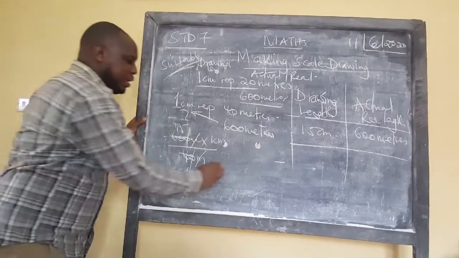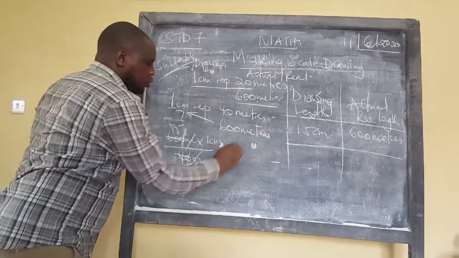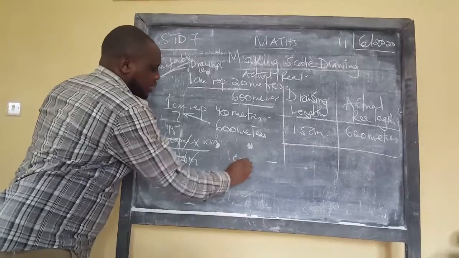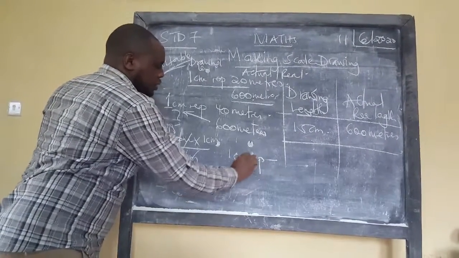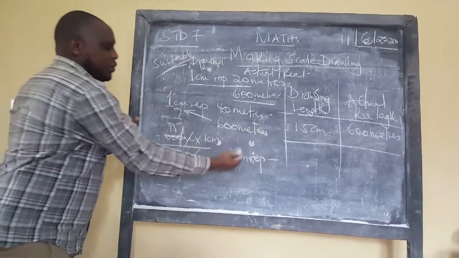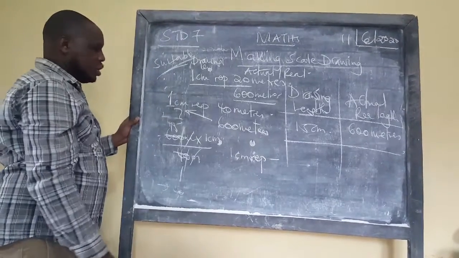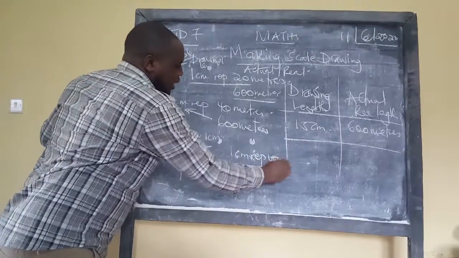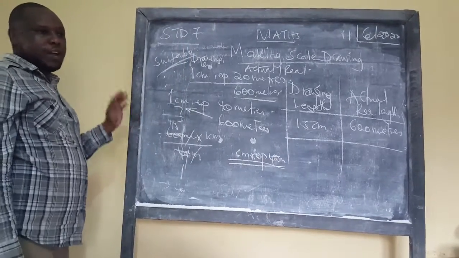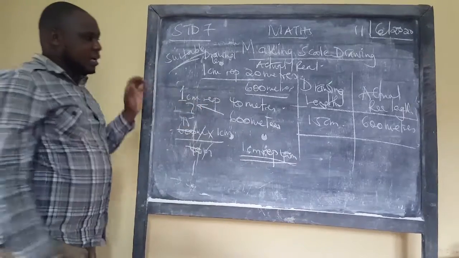So our scale will be 1 centimeter represents 40 meters. You can't use an equals sign because whatever is on this side is not the same as the other side. You can choose another scale, provided you have space to draw.